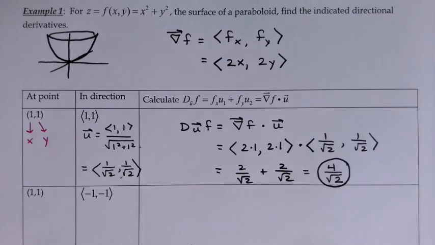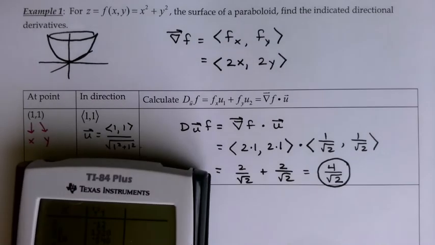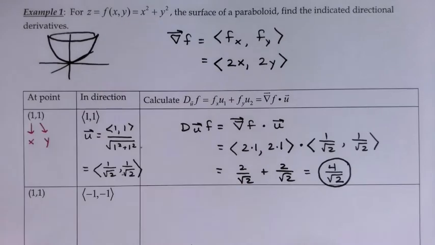So there's the value of the directional derivative. Let's get a decimal approximation for that. It's about 2.83.